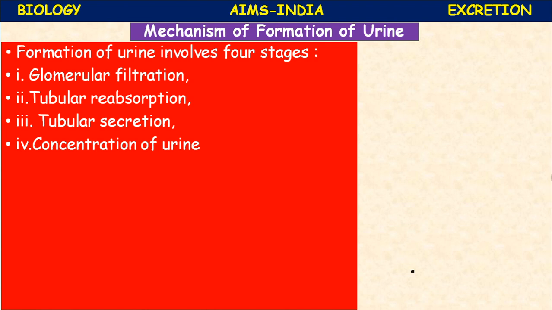So if that water is lost, again it may lead to some complications. So the water present in that final stage is reabsorbed. Okay, so that step is called concentration of urine. What are the four main steps? Once again, glomerular filtration, tubular reabsorption, tubular secretion, and concentration of urine.